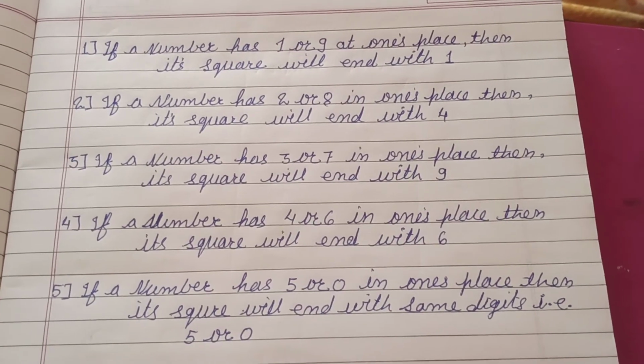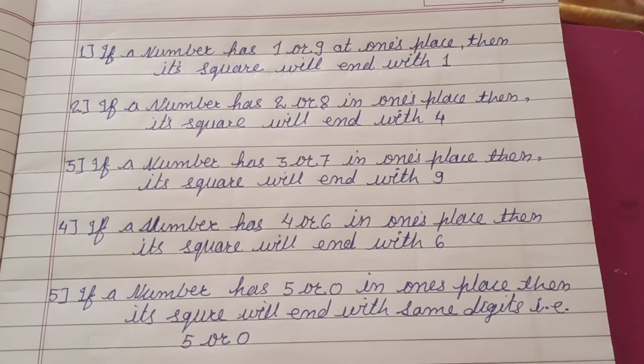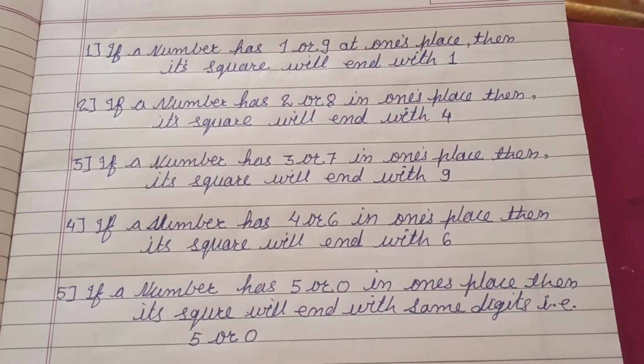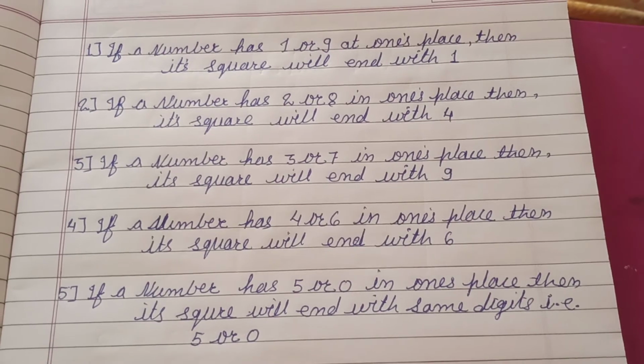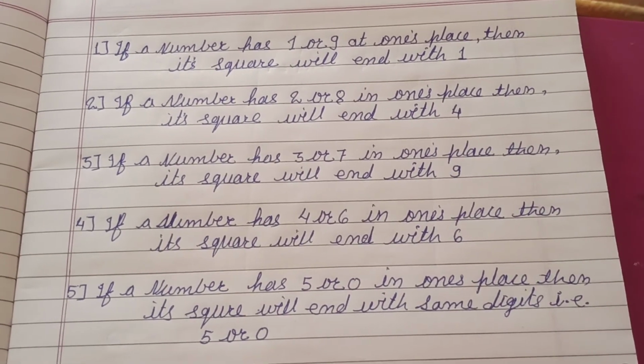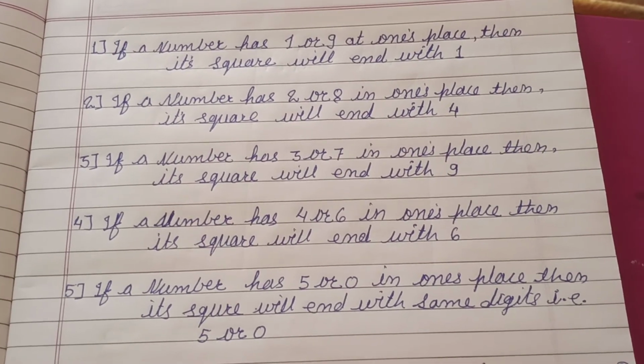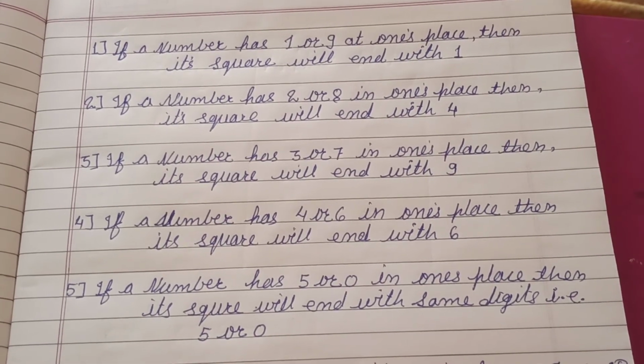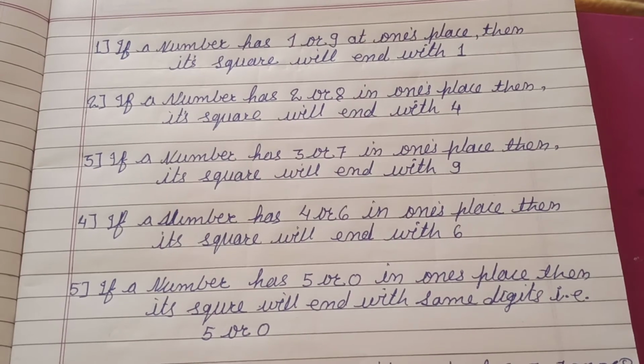Now, these properties I have written in the form of definitions. If a number has 1 or 9 at its ones place, then its square will end with 1. If a number has 2 or 8 in ones place, then its square will end with 4. If a number has 3 or 7 in ones place, its square will end with 9.